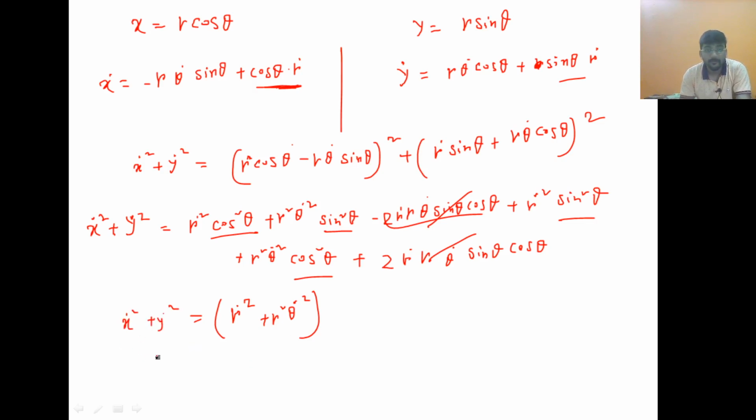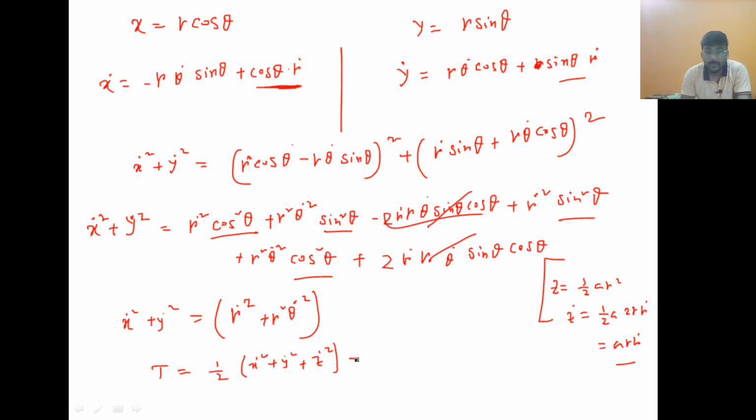So what will be the kinetic energy? T will be half m into x dot square plus y dot square plus z dot square. And what was z dot? Z was half a r square, so z dot, with one variable, is half a into 2 r r dot, so it will be a r r dot.